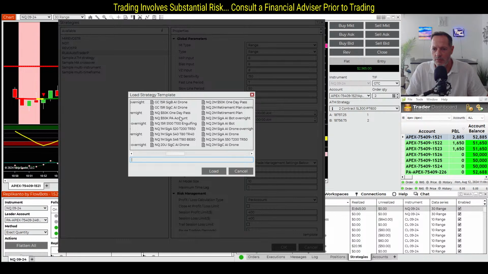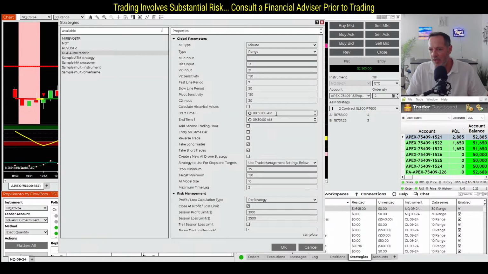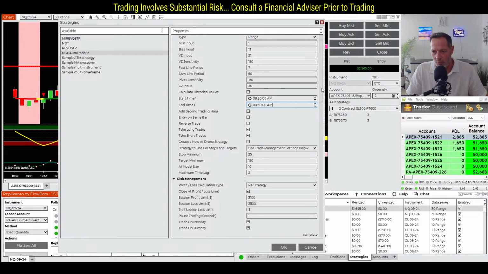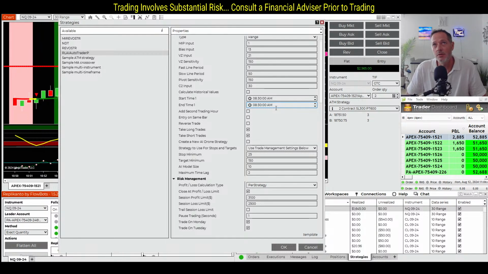Here it is. 30 range, $50,000 one-day pass. Again, if you set the times to the exact same, that'll trade 24 hours a day for you. We have parameters in there shutting down all trades just before the close to try to protect us in the event that we have a trade open.